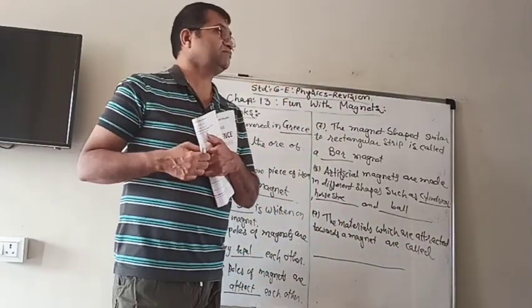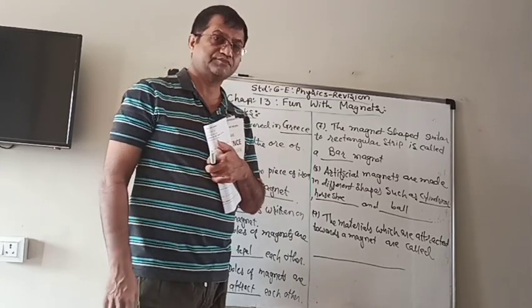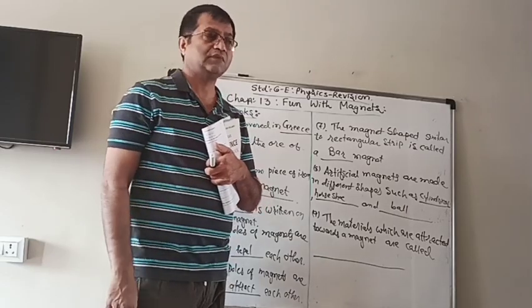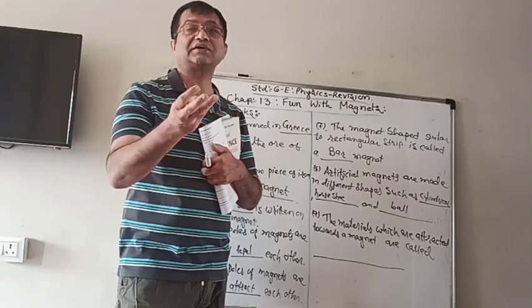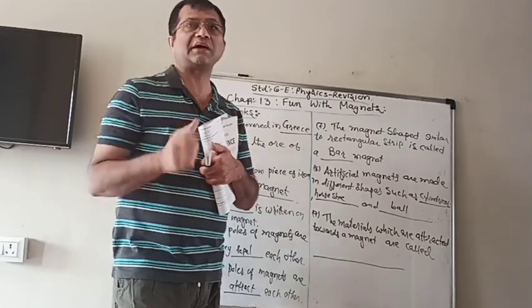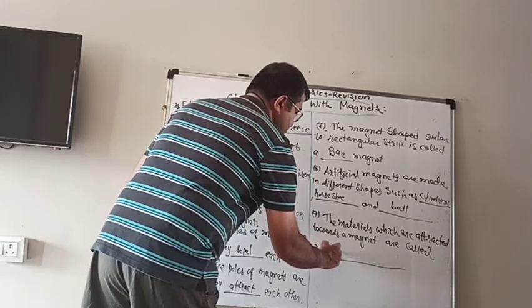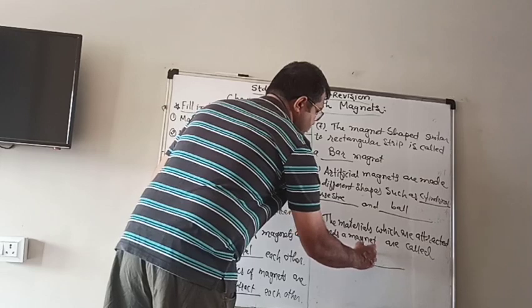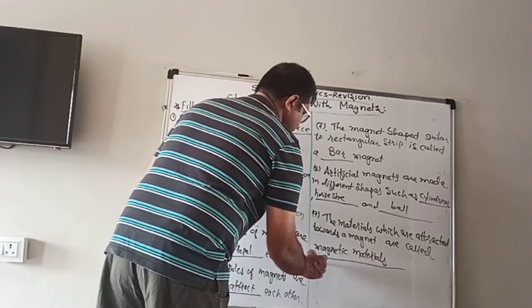We know that a magnet has the capacity to attract only some materials, and those materials like iron, nickel and cobalt are known as magnetic materials.